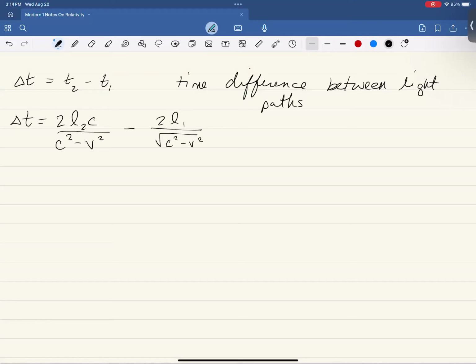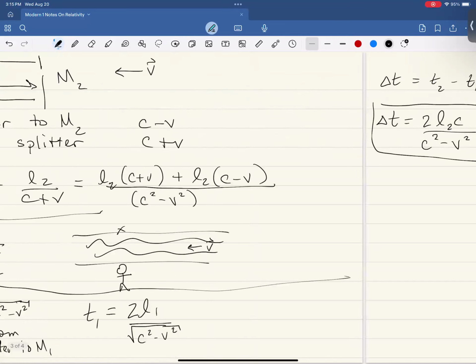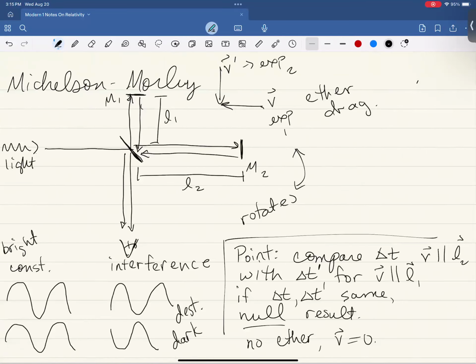All right, so that's our delta T. And now that's our result for when the ether drag is along L2, when L2 is parallel to the ether drag.